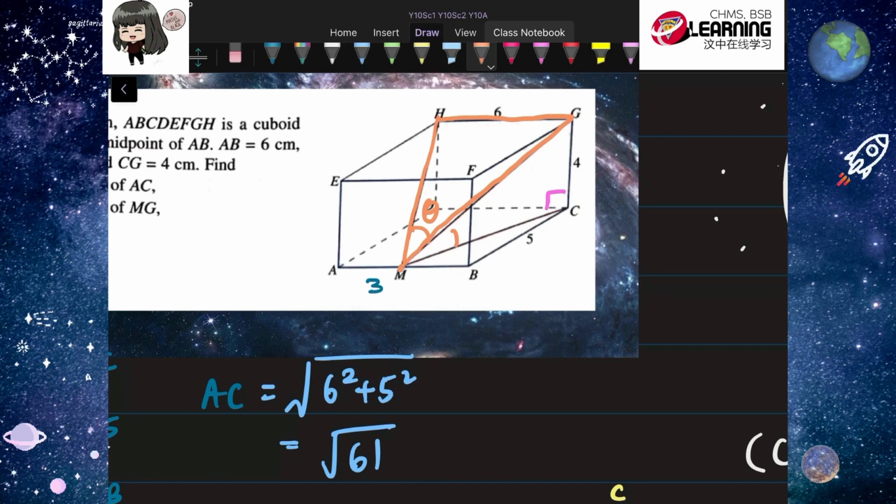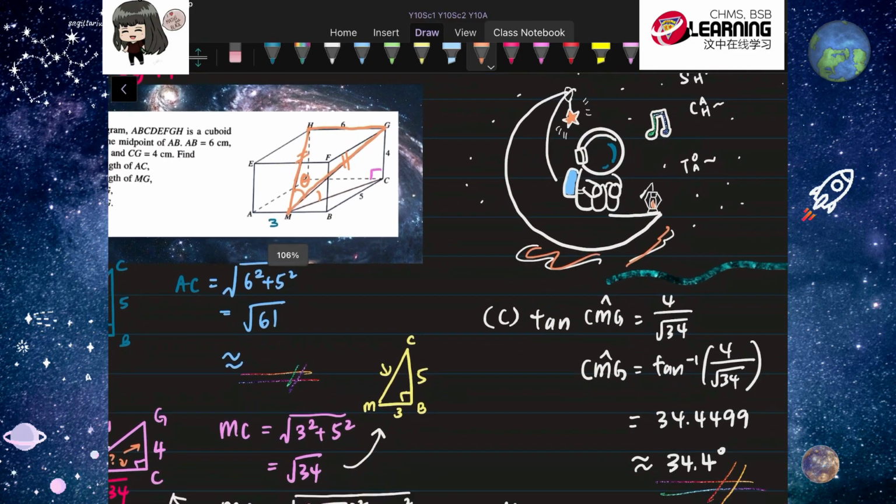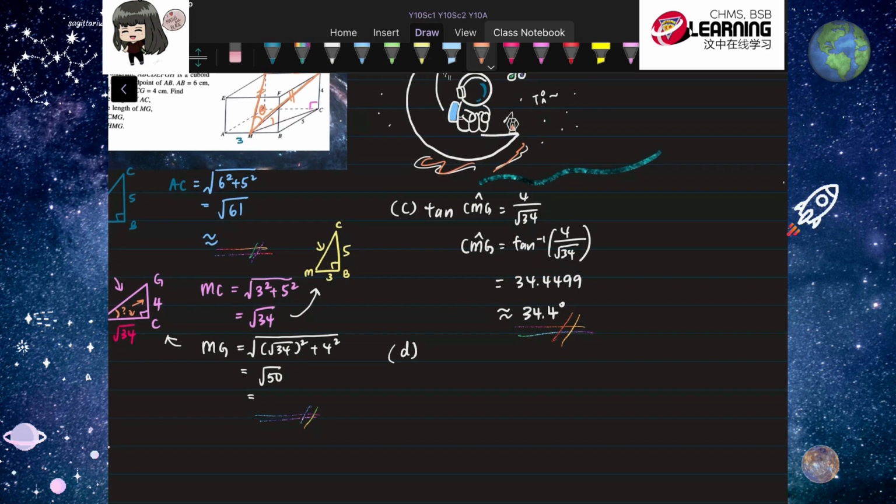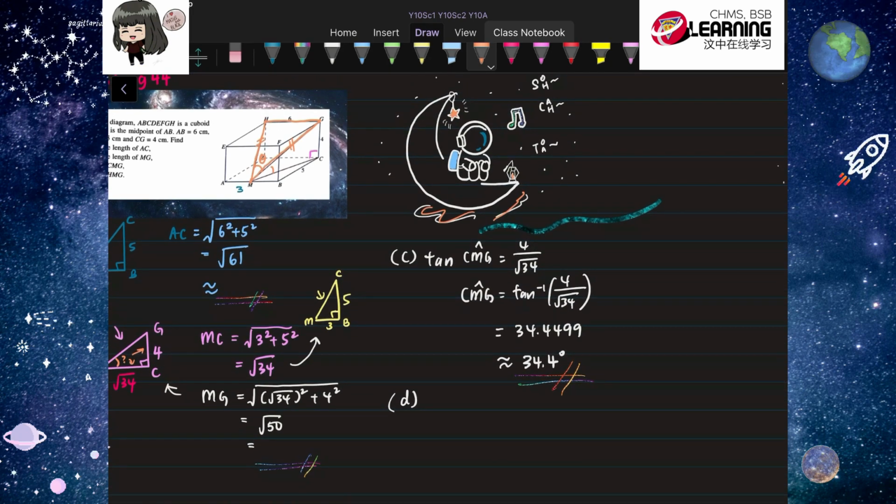Since this is a midpoint, meaning from H until this midpoint and from G until this midpoint, they are the same length. So if I were to draw a triangle viewed from top, it will be like this. H, G, same.